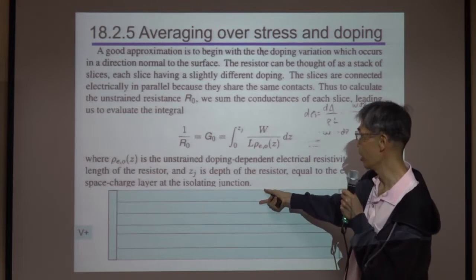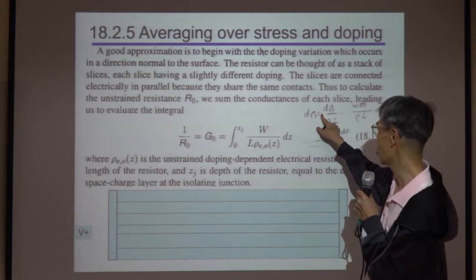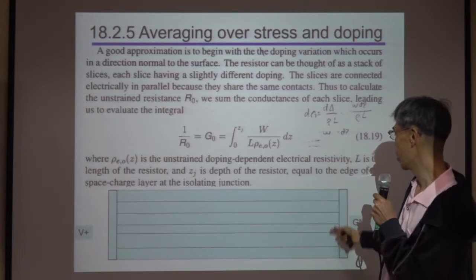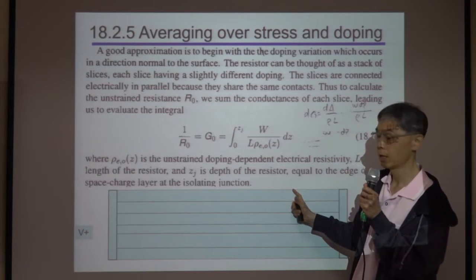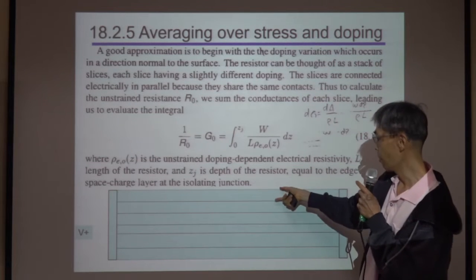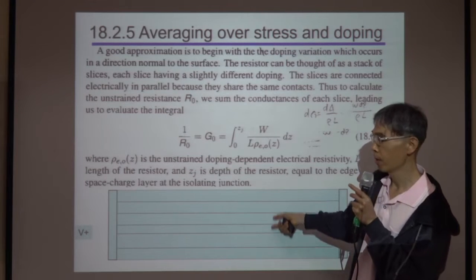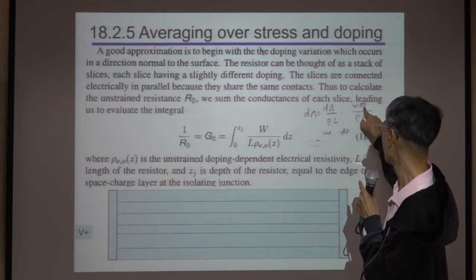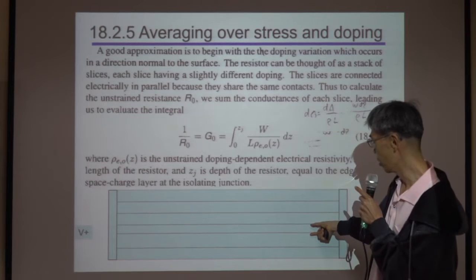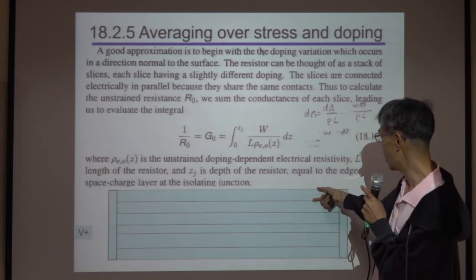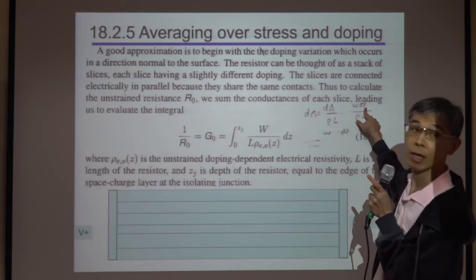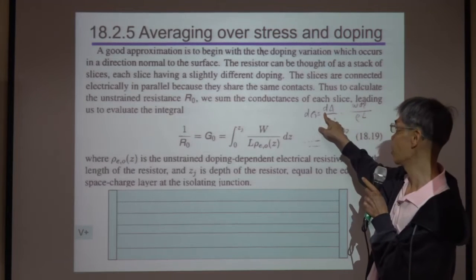They have the same width but different thickness. So we use dz to represent the thickness, dz1, dz2, dz3, dzn, and w is the width. So w multiplied by dz is the cross-sectional area, dA.